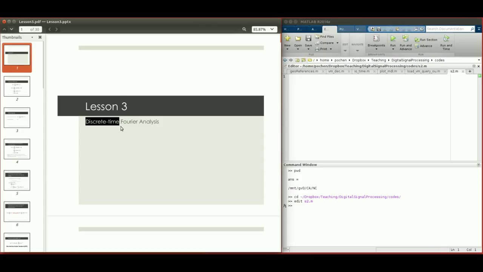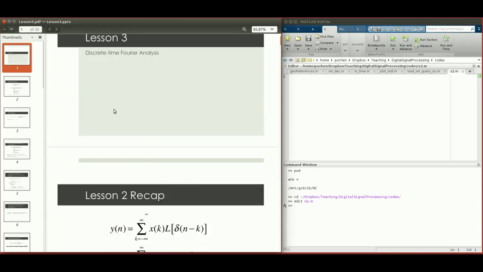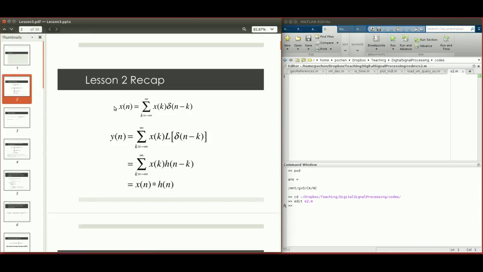Because of this discretization process, we have to be quite careful about the sampling of those continuous time signals. Some additional complications are introduced by this discretization process, and we have to pay special attention to them. That will be the focus of lesson 3.